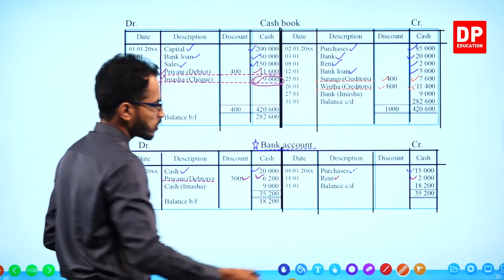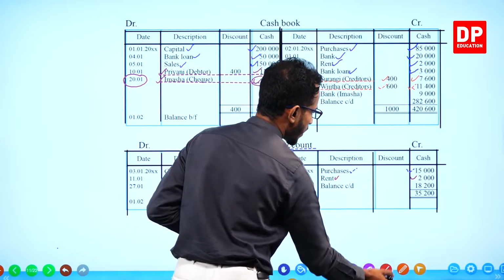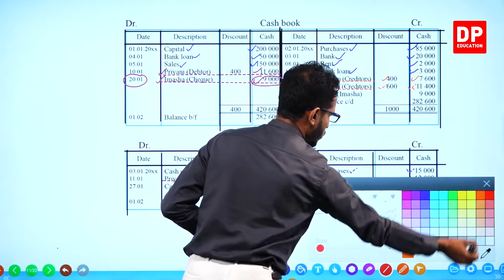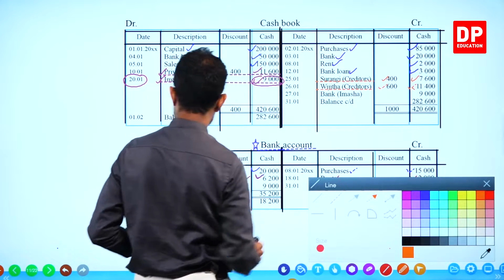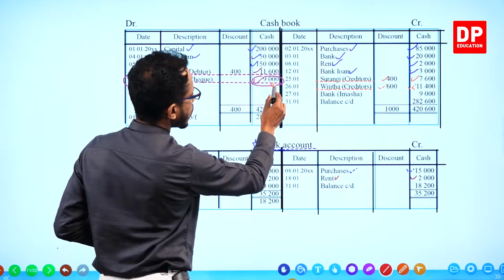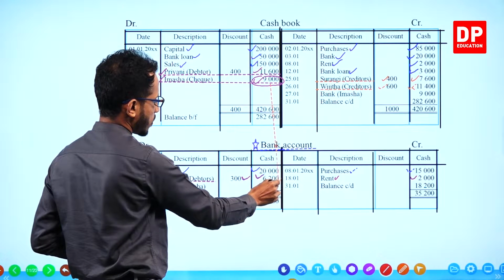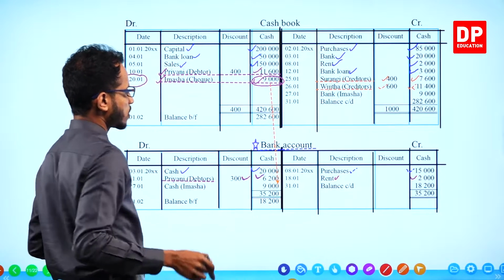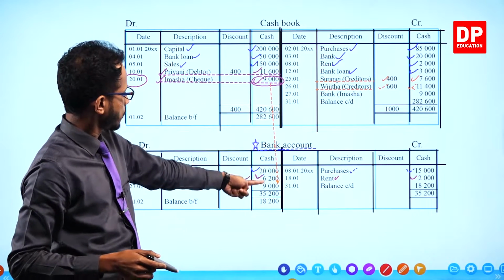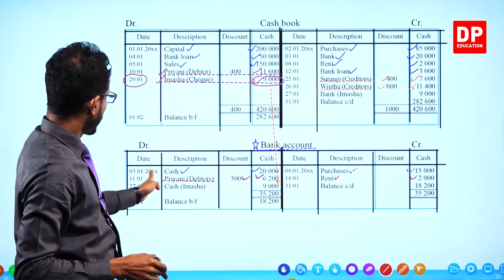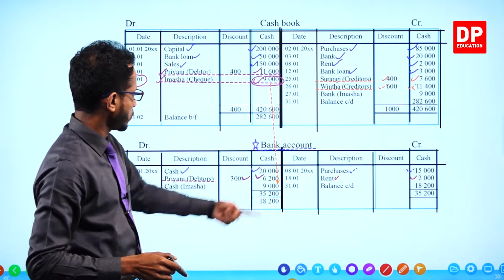Now it should be put to the bank account because we deposited that check. We have to put it to the bank account, debit side. Here you go. This is the 9,000. Debited to bank account.